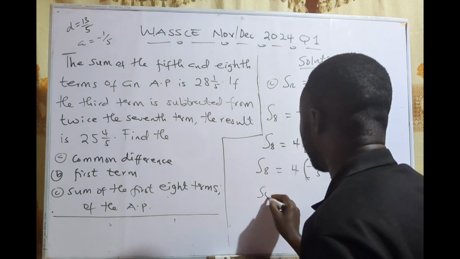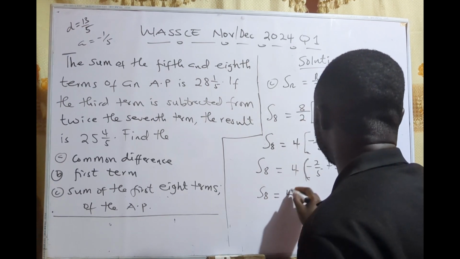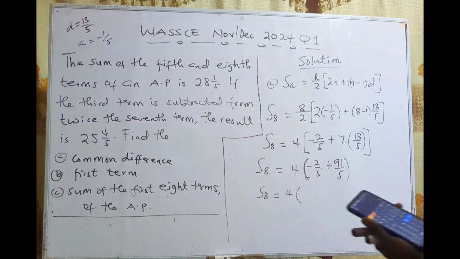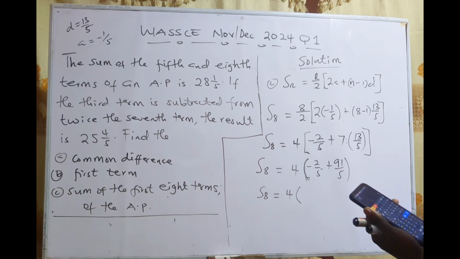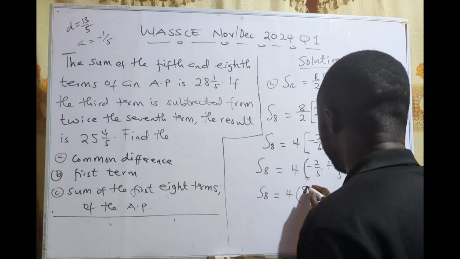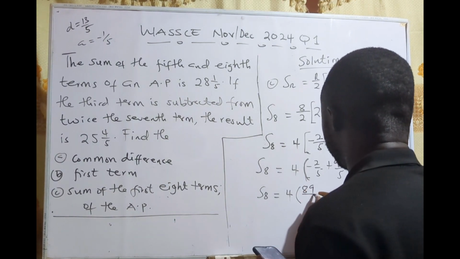And then the sum of the first 8 terms is 4 multiplied by minus 2 on 5 plus 91 on 5. That will give us 89 on 5.